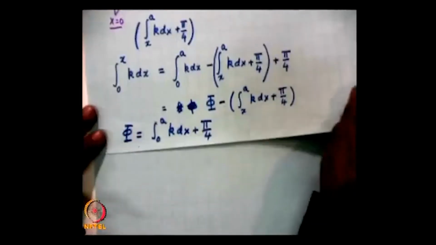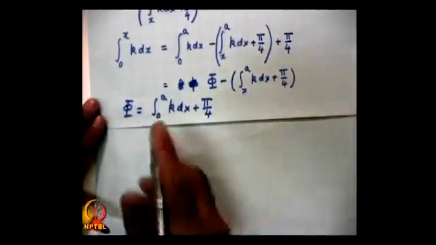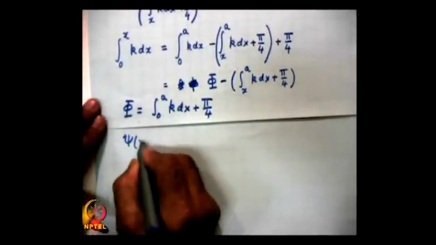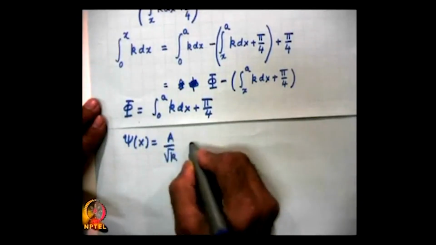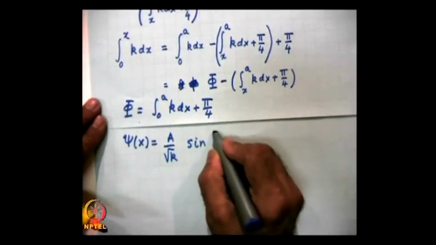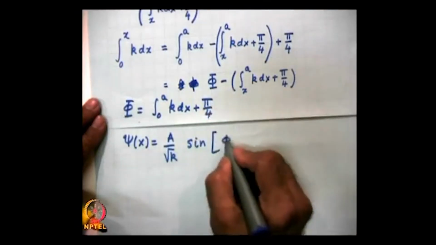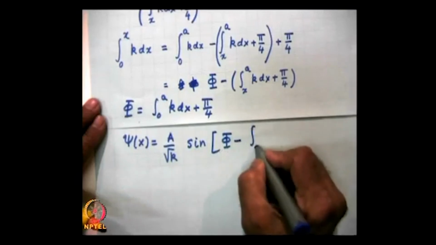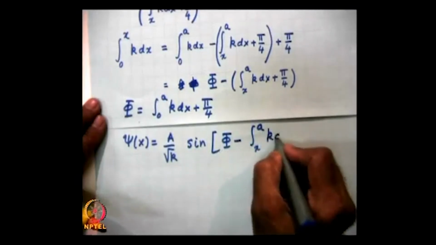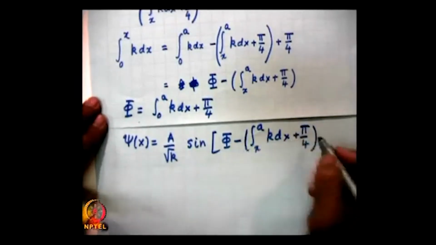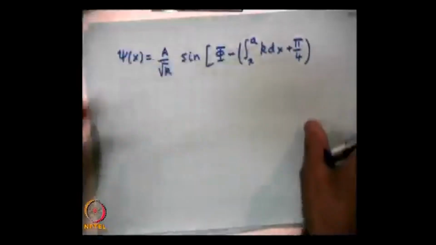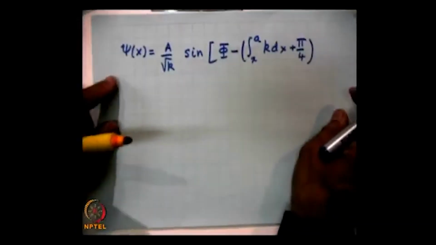So, the wave function becomes psi of x equal to A by root k sine of phi minus the integral from x to a of k dx plus pi by 4.